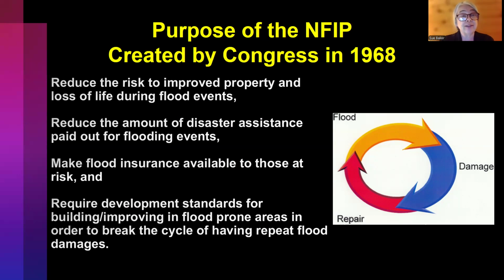So the real effect of what Congress was trying to do here was to be able to reduce the risk to improve property and loss of life during flooding events, reduce the amount of disaster assistance that's paid out after flooding events, make flood insurance available to those who are at risk, and to require development standards for building and improving in flood-prone areas so that hopefully we can break the cycle of having a flood, damage, and then, you know, recovery and then going all over again.